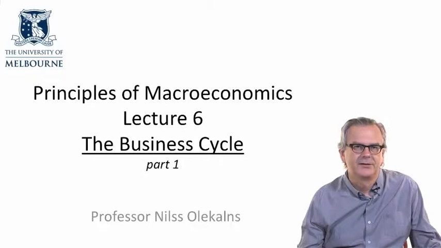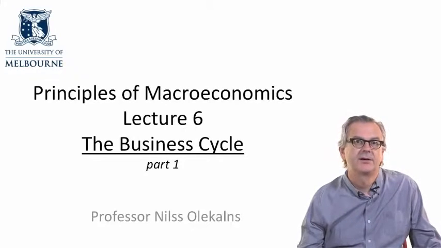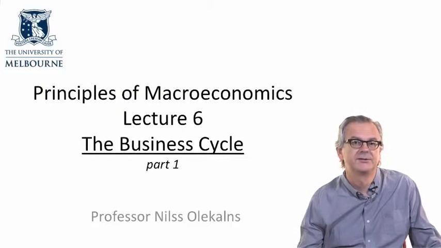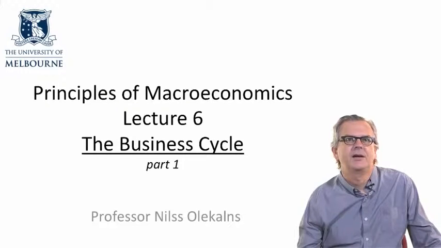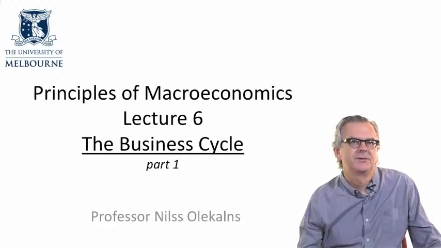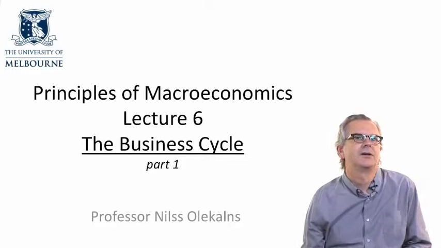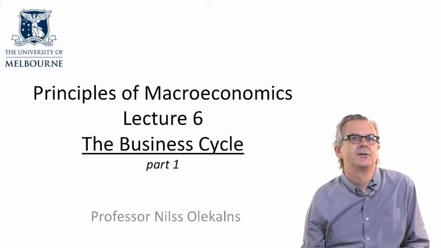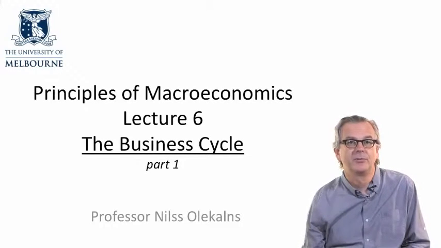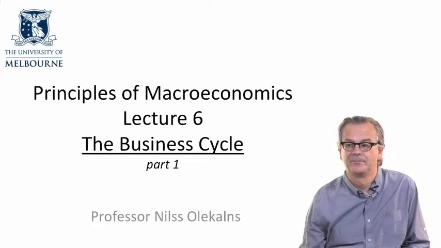In our last lecture, we started the construction of what's called the basic Keynesian model of the business cycle. This is going to be a representation of some of the key ideas that Keynes was keen to put across in his book, The General Theory of Employment, Interest and Money.